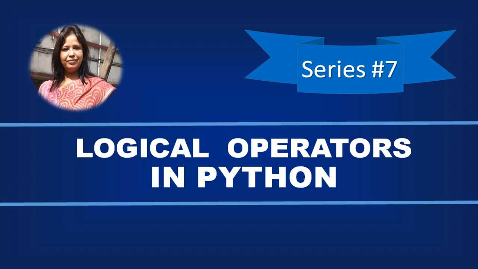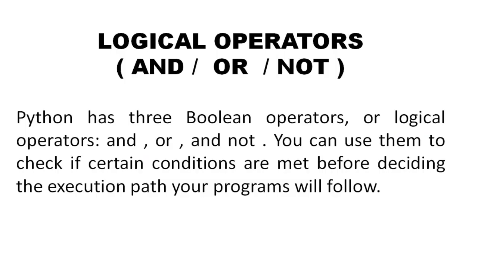This is a topic in Python series 7 and we are going to deal with logical operators. Logical operators are three in number in Python: and, or, and not. Python has three Boolean operators or logical operators: and, or, and not.